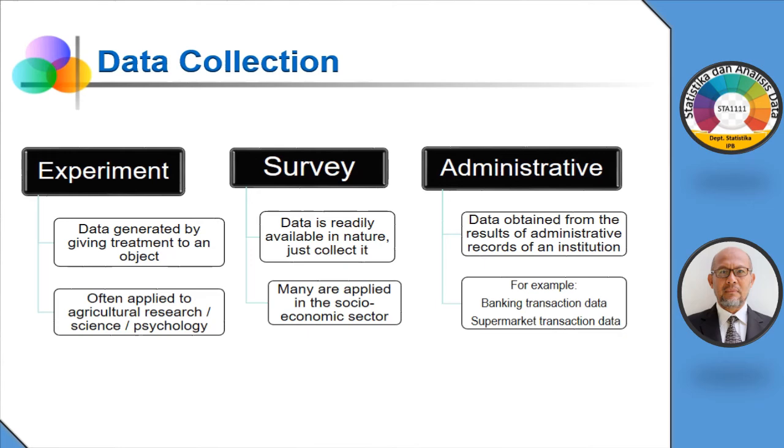Experiment data is not available before any treatment, while survey data is already available in the field, but we need to collect it. Normally, surveys are applied in social economic research. Then administrative data is obtained from the administrative records of an institution, for example a bank.